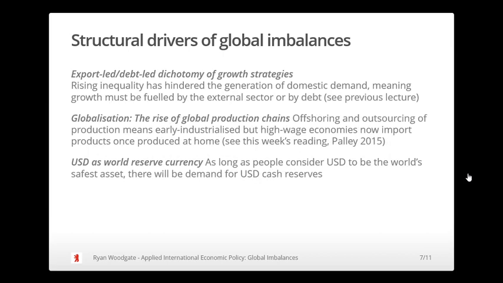Okay, so how have global imbalances exploded and become such a prominent issue, especially before the last financial crisis? Well, here we see the link to the last video insofar as those export-led countries tend to be the surplus countries and the debt-led countries tend to be the deficit countries.